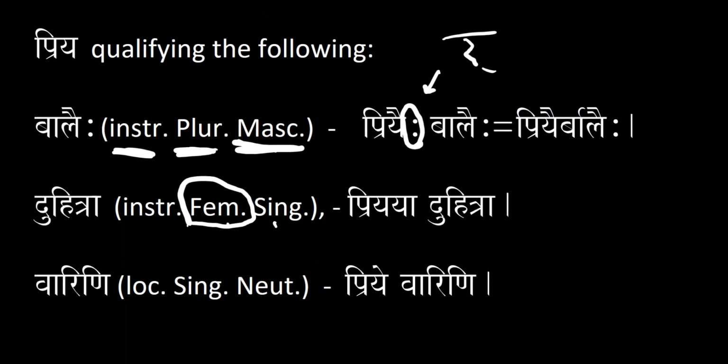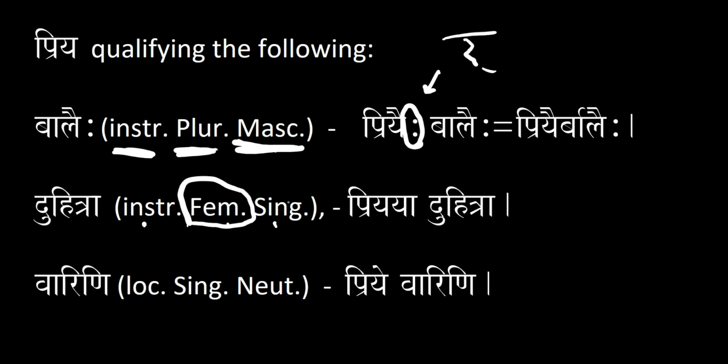After declining priya in the feminine and putting it in the instrumental singular like lataha, it becomes priyaya duhitra. Priyaya is instrumental, feminine, and singular, and it is declined like lataha.